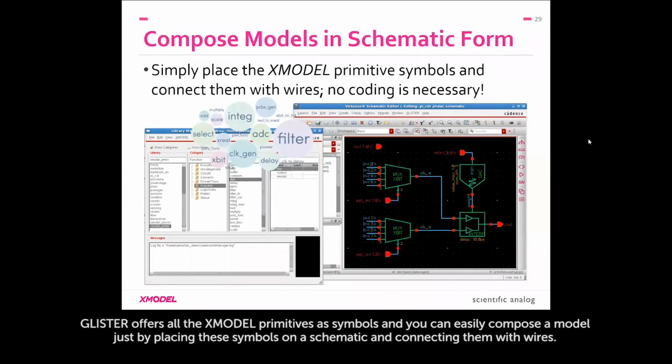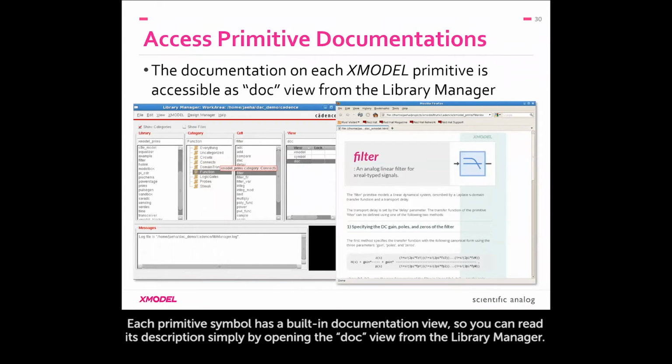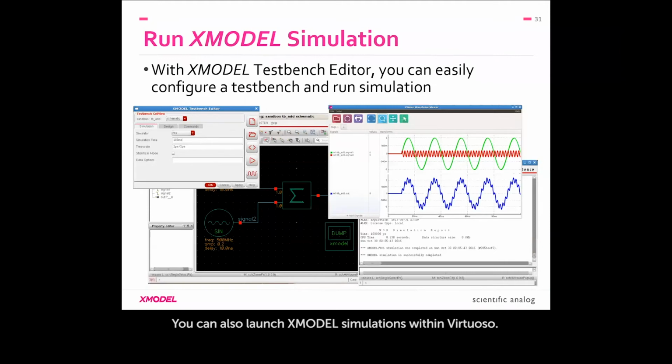Glister offers all the XModel primitives as symbols, and you can easily compose a model just by placing these symbols on a schematic and connecting them with wires. Each primitive symbol has a built-in documentation view, so you can read its description simply by opening the doc view from the library manager. You can also launch XModel simulations with Virtuoso.